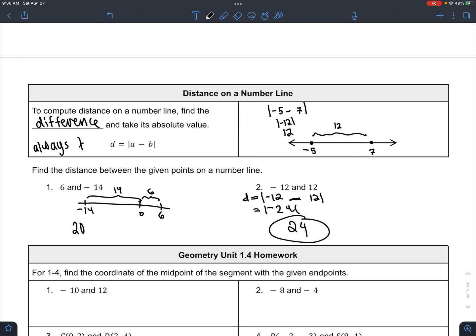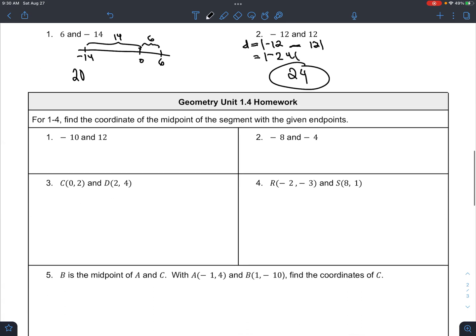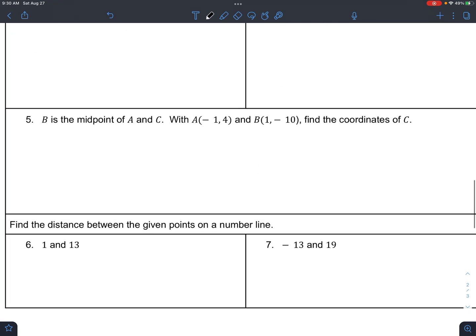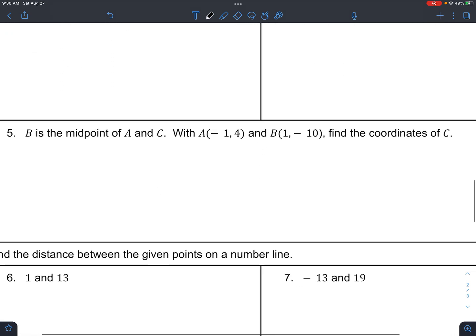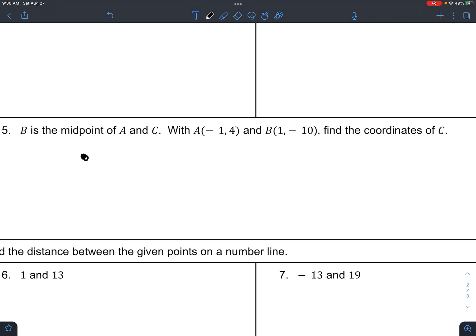Okay? And let me just get you started on that homework question down here, because I know this question can be kind of hard and you can get lost. I would set it up like this. It doesn't really matter how you do the points.